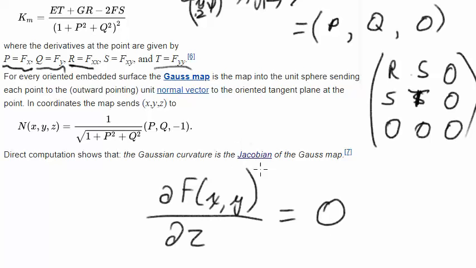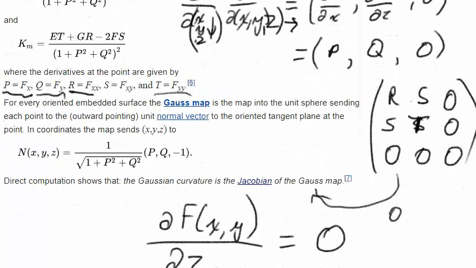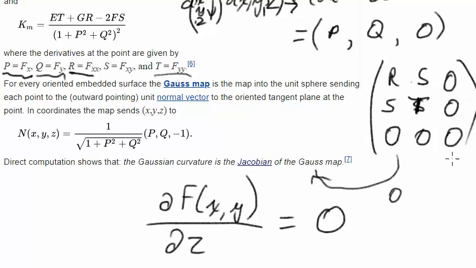But what's the Jacobian of the Gauss map? If you've got that 0 in there, then definitely the Jacobian of the Gauss map is going to be 0. If you imagine a 1 there for some reason, though, then the Jacobian of that would be the same as the Jacobian of just those terms.